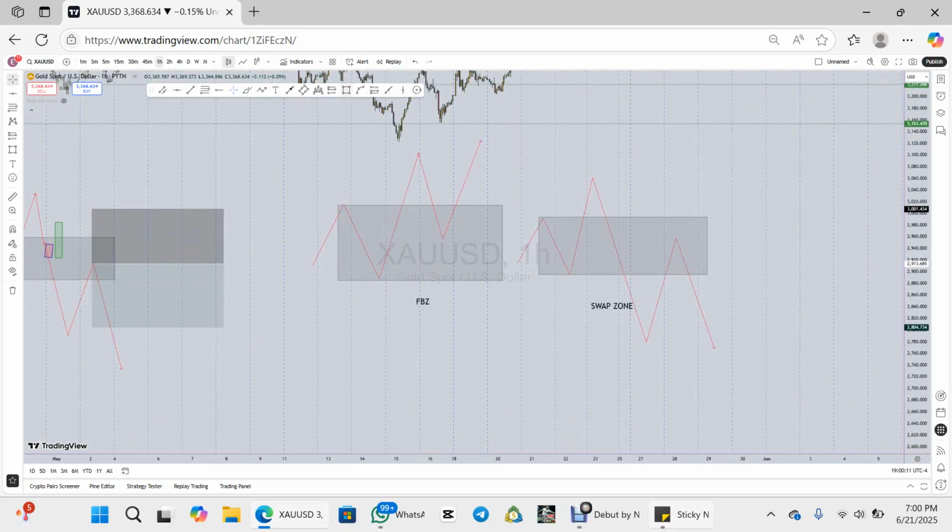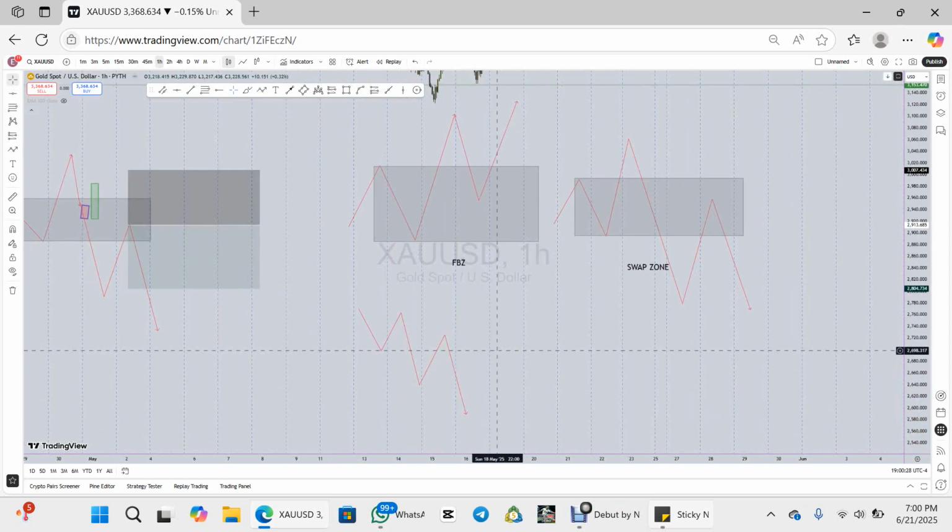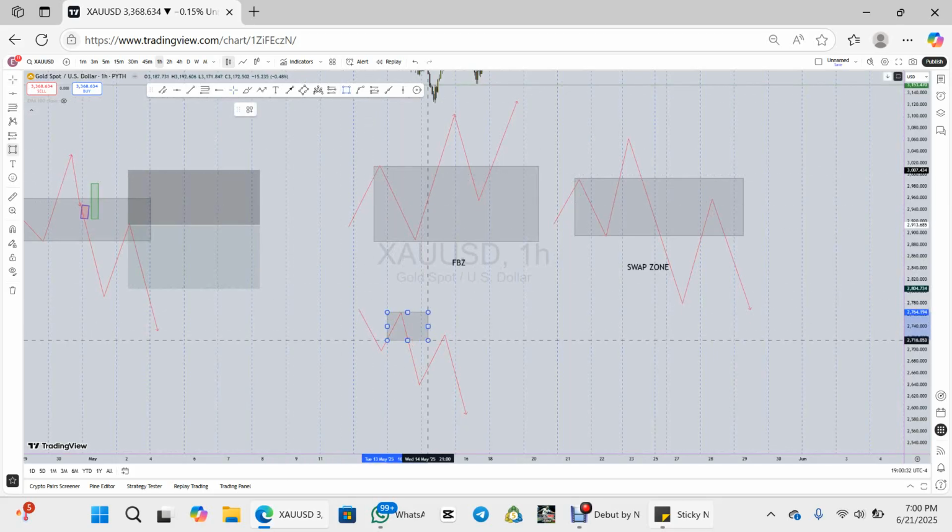So for the case of a sell, it's going to look like something like this. Price breaks, retest, then continuation to the downside. This was the zone here.